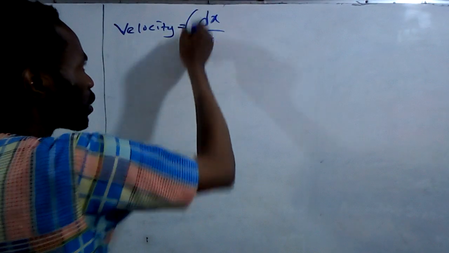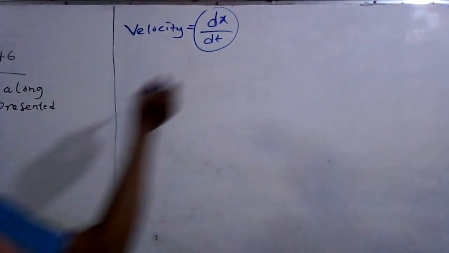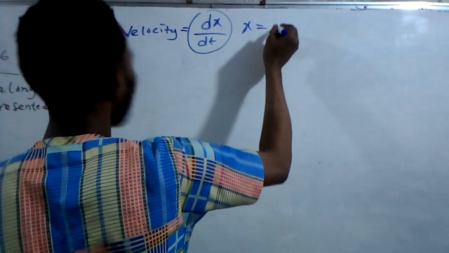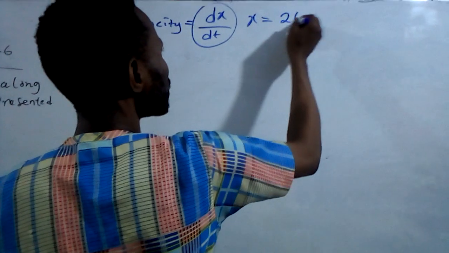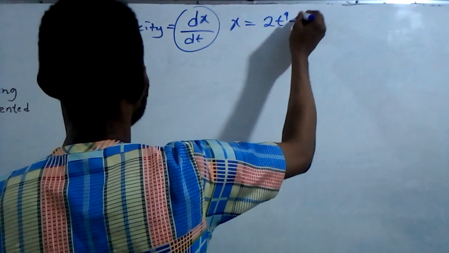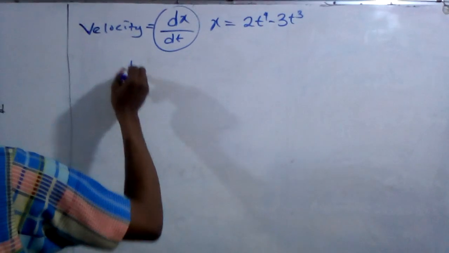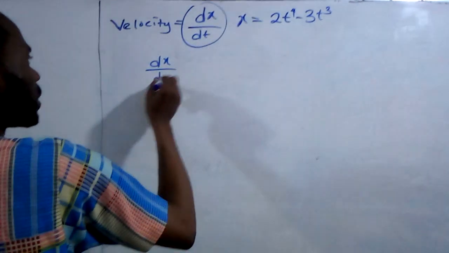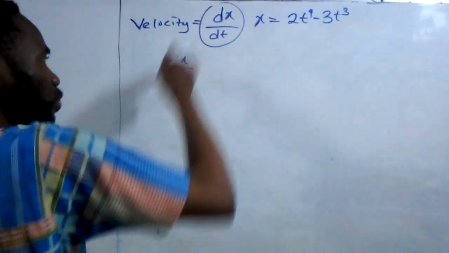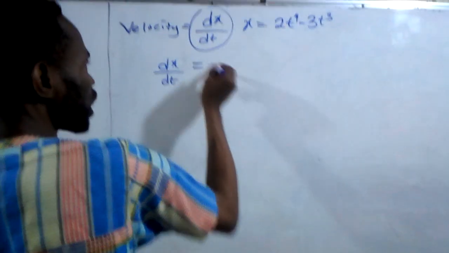So we have that s is equal to 2t raised to the power 4 minus 3t raised to the power 3. It means that we differentiate s with respect to time, ds over dt.